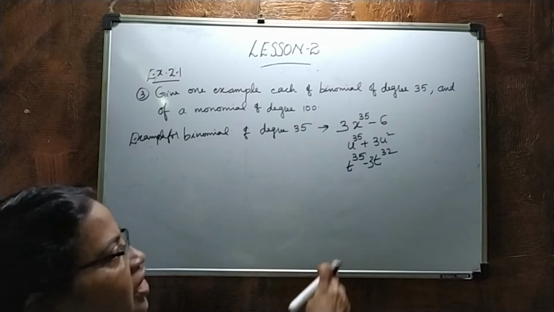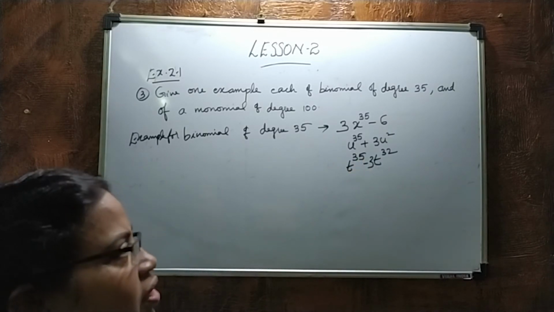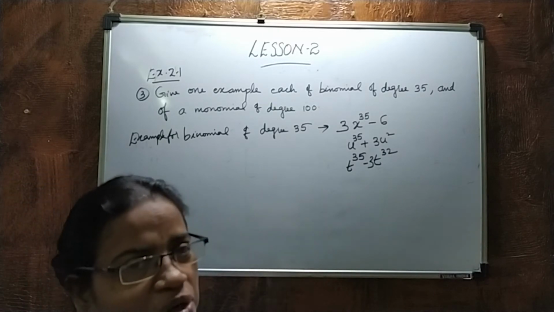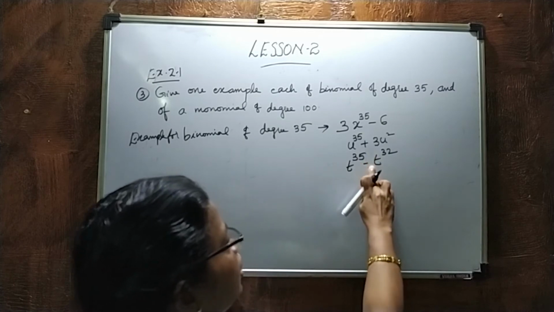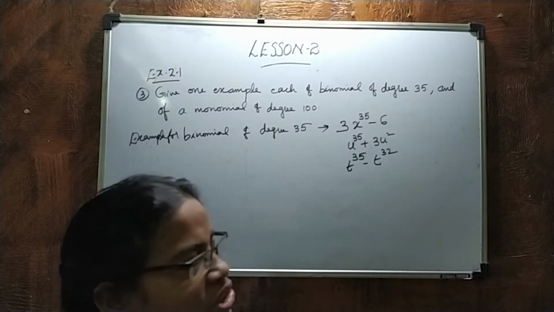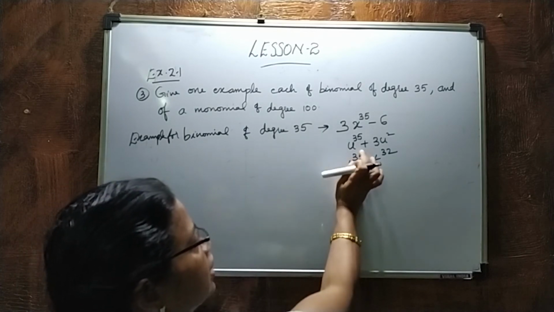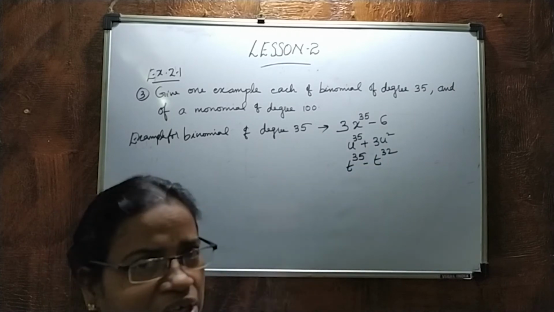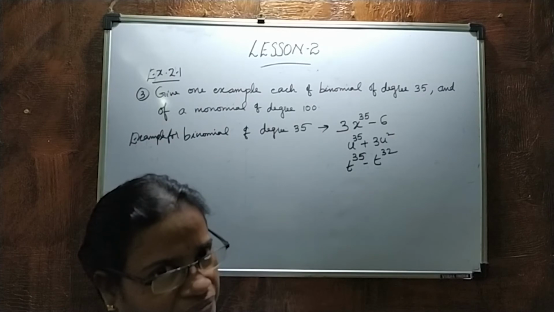The thing is that the degree, in this case 35, should be the highest, and the other exponents should be lower. Suppose instead of 3 you write 15, no problem. Binomial means 2 terms connected with plus or minus, and the highest exponent should be 35.